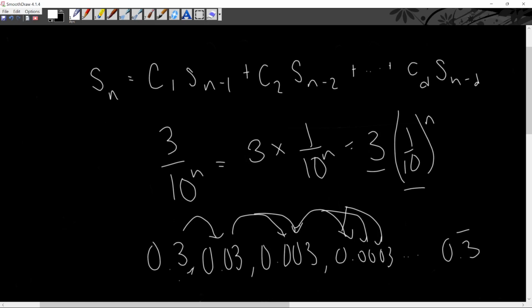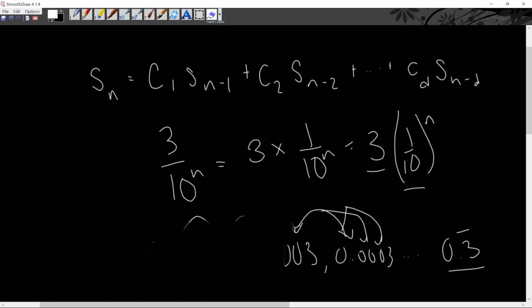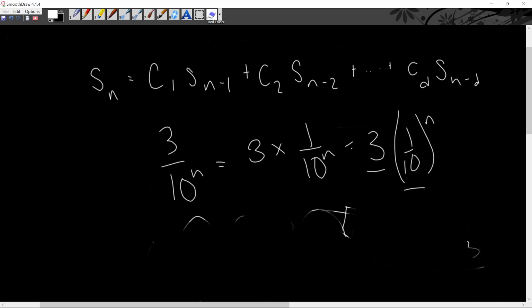But you can write these decimal expansions as recursive sequences, which I think is really cool. If you just define every subsequent term as the previous term times 1 over 10, then this is, of course, a recursive sequence, right?